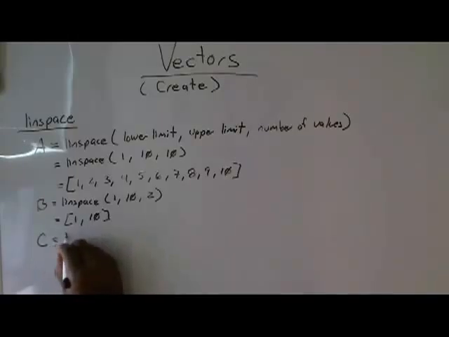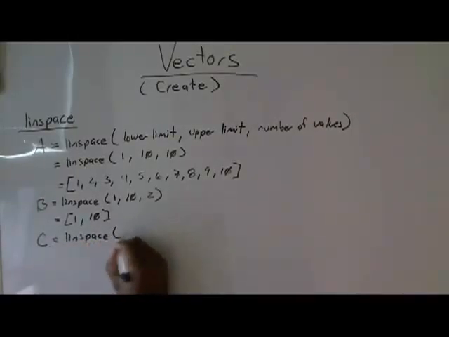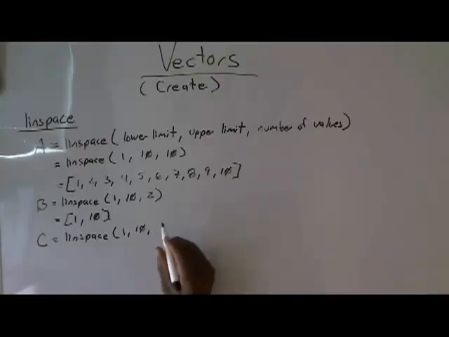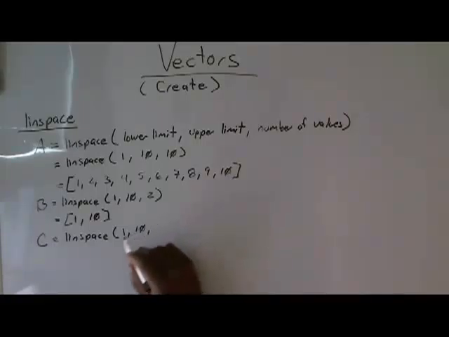Let's do another one. Now with all of these things that I'm showing you, I'm assuming that you're also going to open up MATLAB and try this stuff and play with it, and that's the only way you're going to become comfortable with it. So let's do lower limit 1, upper limit 10, and then 4 evenly spaced values.